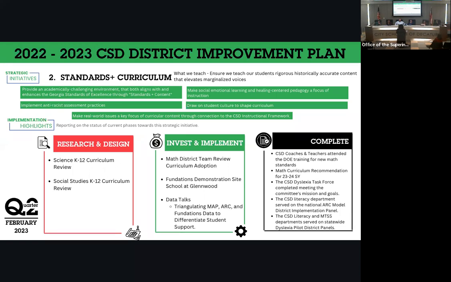This training enables CSD to build district capacity to assist teachers with setting up, implementing, and evaluating the proper implementation of the Foundations Core Phonics curriculum successfully in all of our elementary schools.